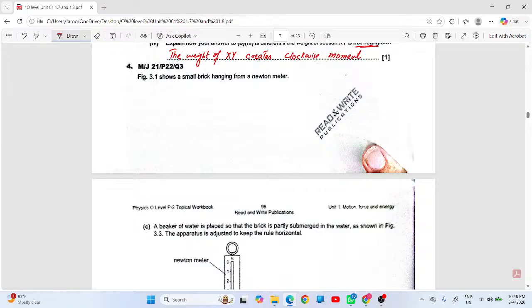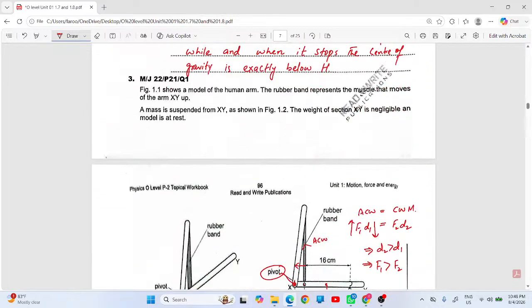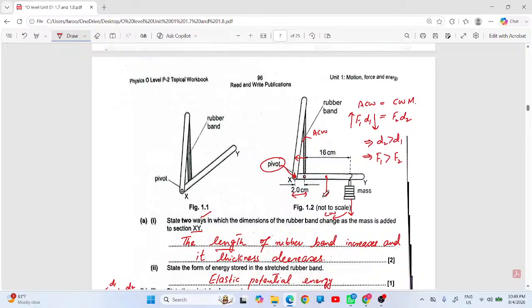And to counter and balance it, the force due to rubber band will be greater than 36 Newton. अब आपको ज्यादा फोर्स लगानी पड़ेगी because now one additional clockwise moment is added.